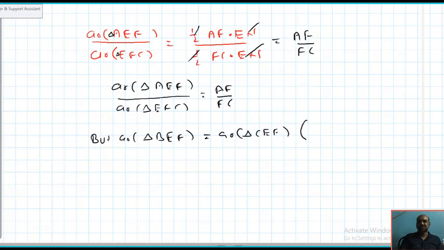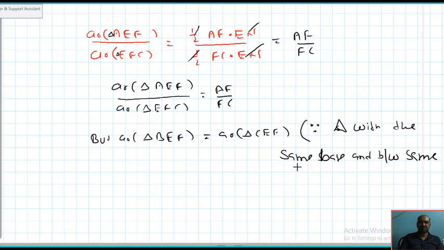What is the reason? Triangles with the same base and between the same parallel lines. So that is the reason that these two areas are equal.